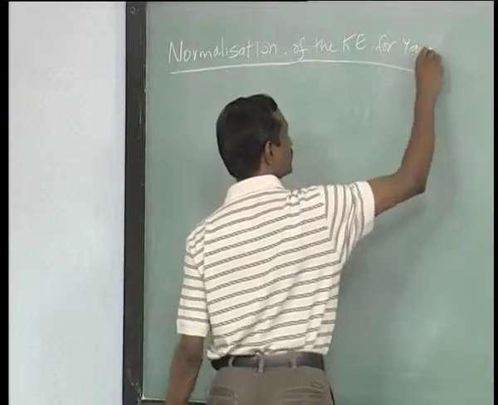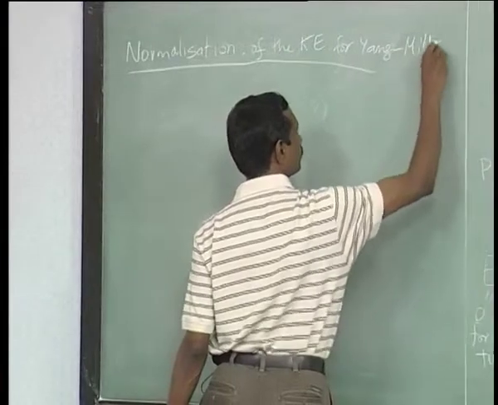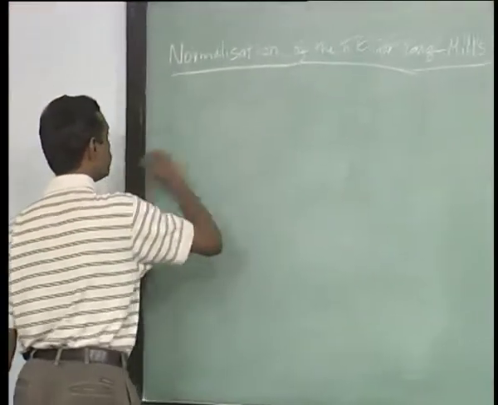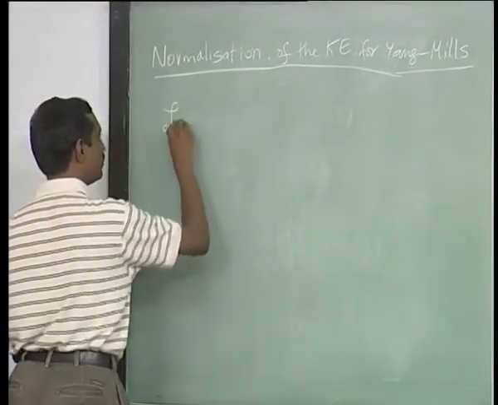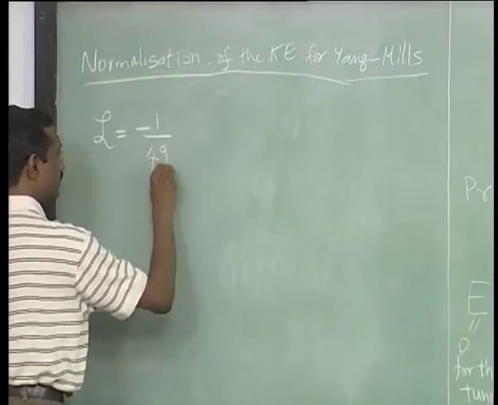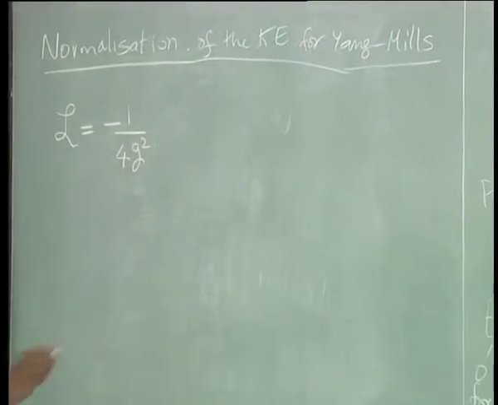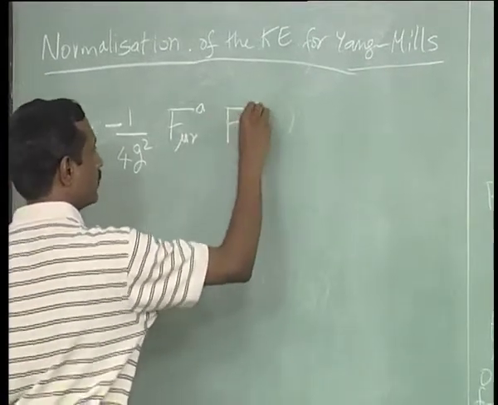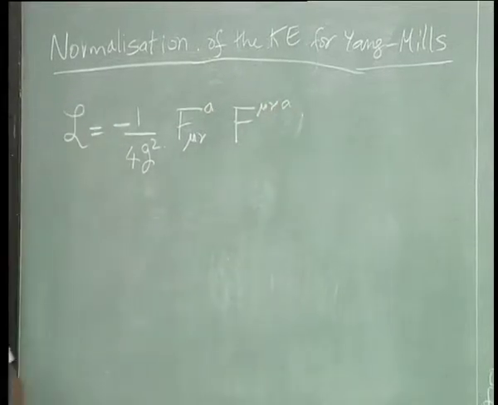For Yang-Mills fields, non-abelian gauge fields. I keep using Yang-Mills and non-abelian gauge fields interchangeably. Okay. So the Lagrangian we have written is something like this, minus 1 by 4 g squared F mu nu a F mu nu a. Okay.